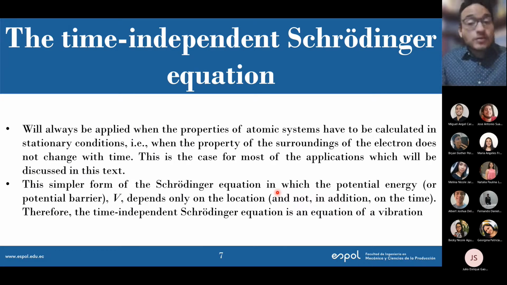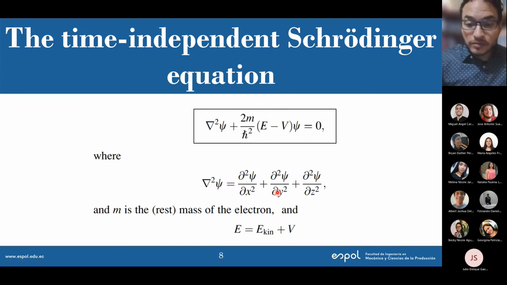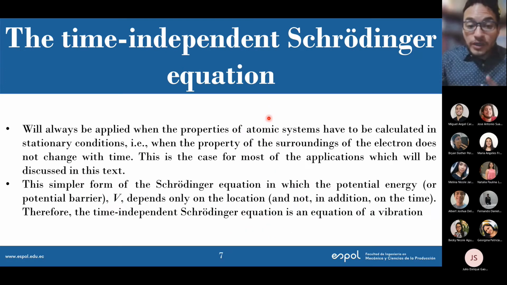Obviously, vibration of atoms, which means vibration of electrons, right? And the energy, because it's time-independent, I'm going to go just a bit ahead. The energy is time-independent, and therefore only depends on the location, but not on time.